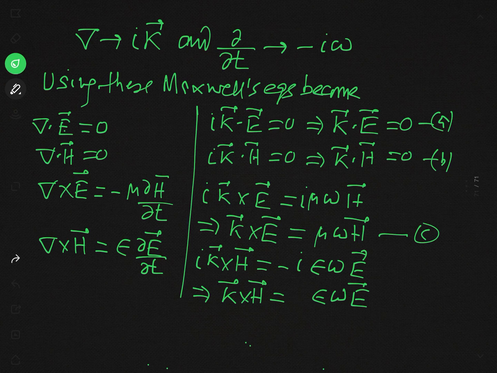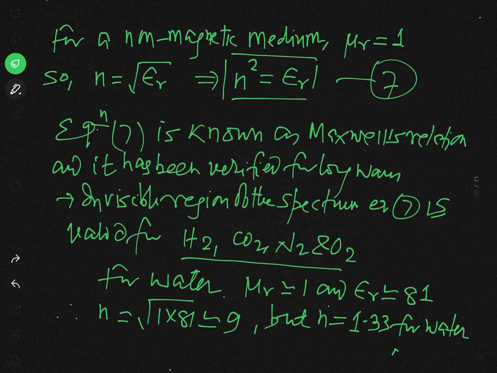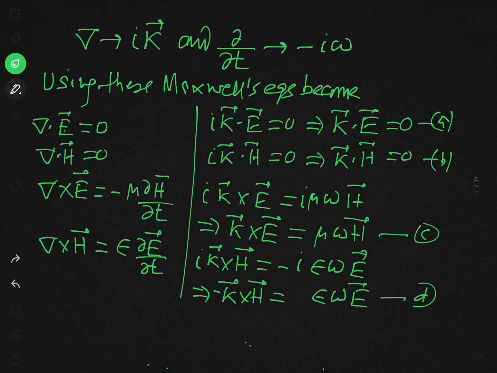So minus k cross H equal to epsilon omega E, and say this is D, which is actually equation 8.